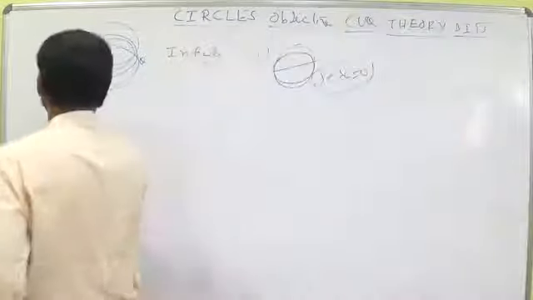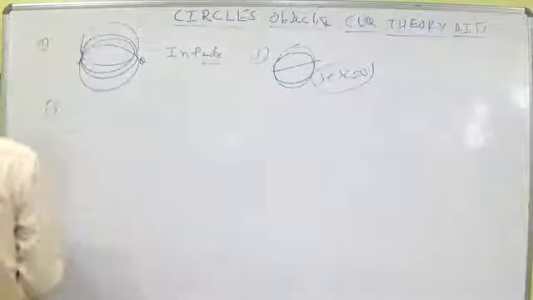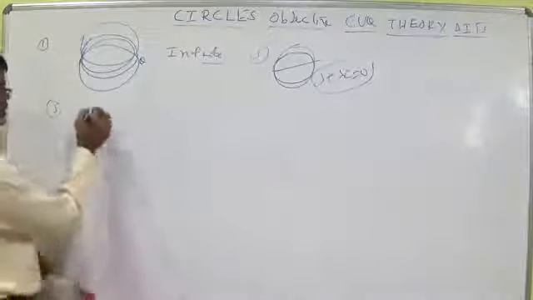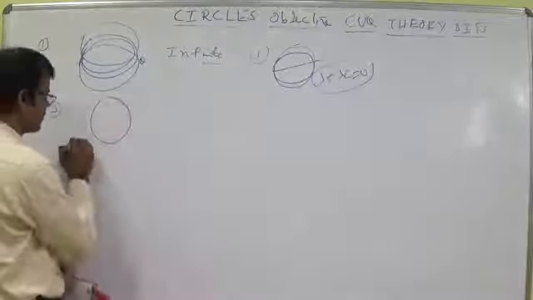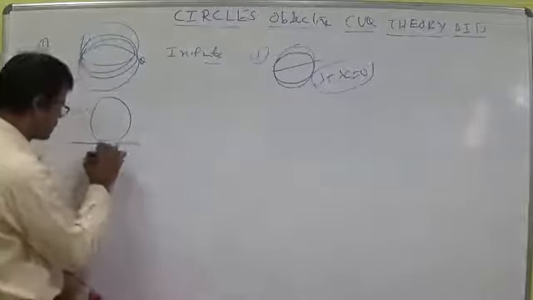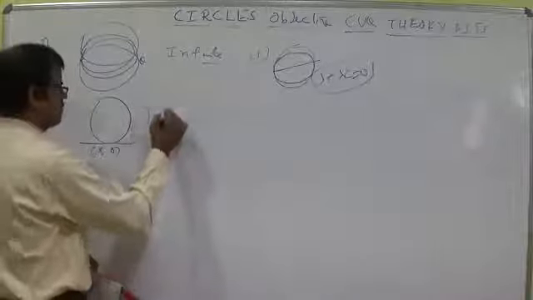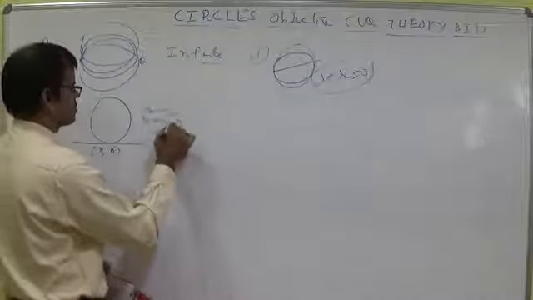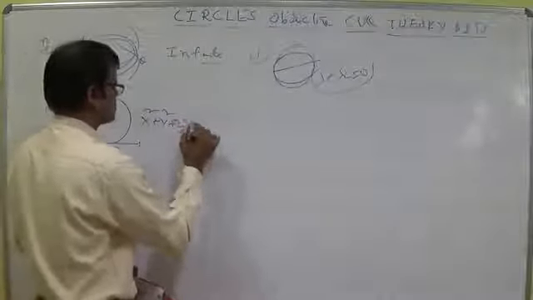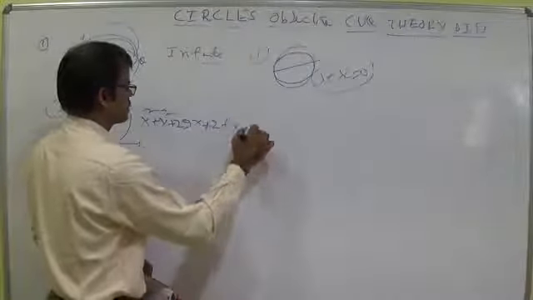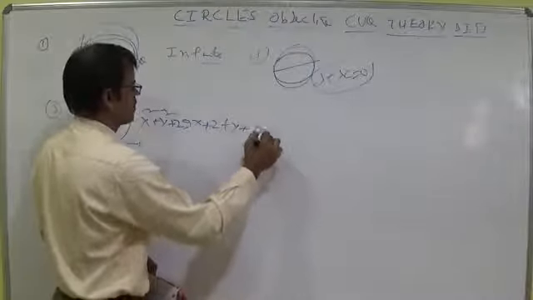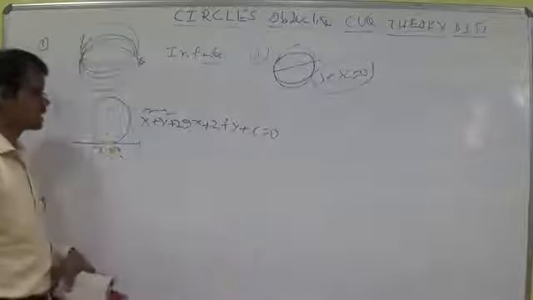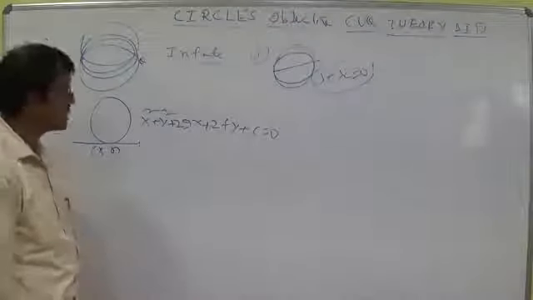Now, let us discuss the fifth question. If the circle touches the x-axis at (x1, 0), this circle x square plus y square plus 2gx plus 2fy plus c equal to 0 touches the x-axis, you can say g square is equal to c condition.